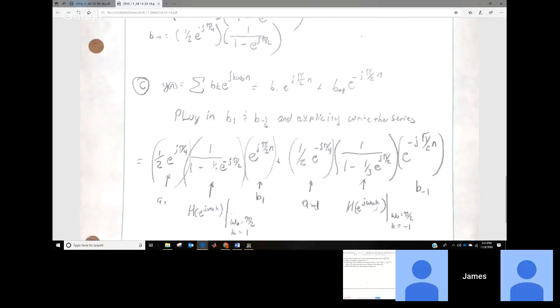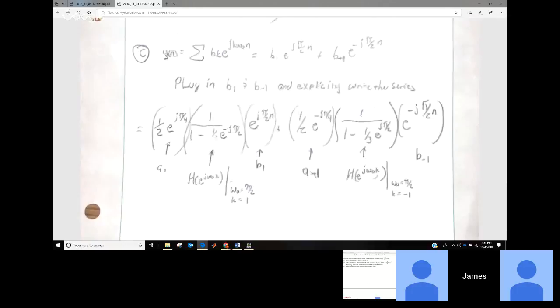So we know the general form of a Fourier series is y of n equals the series times the coefficients times this equation, e to the j k omega naught n, or omega n. So we know B1 is e^(j pi) divided by 2n.